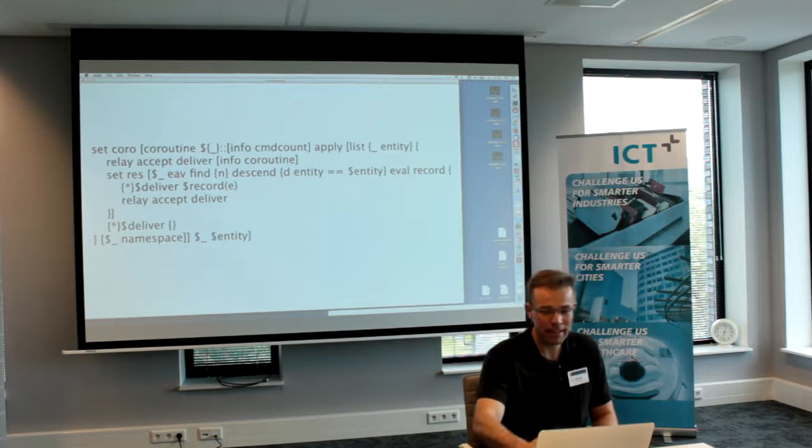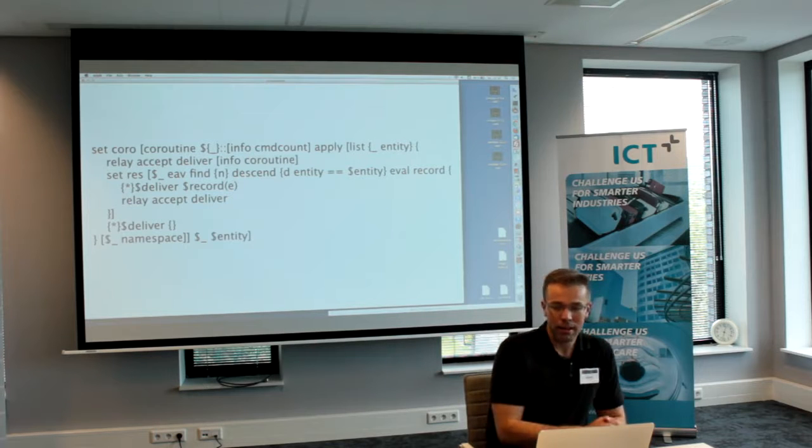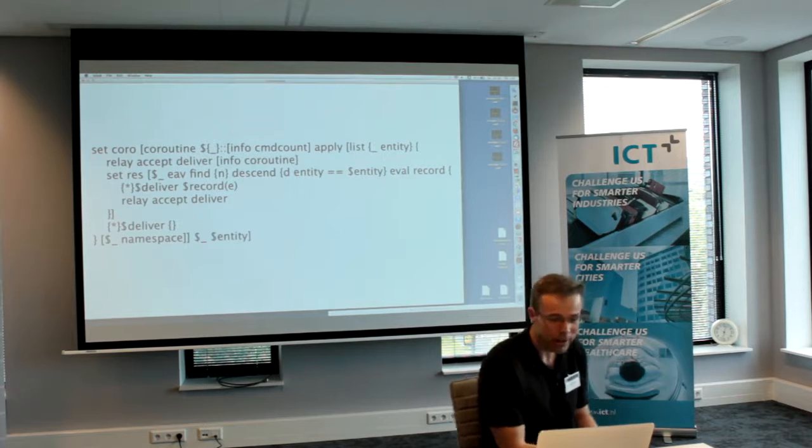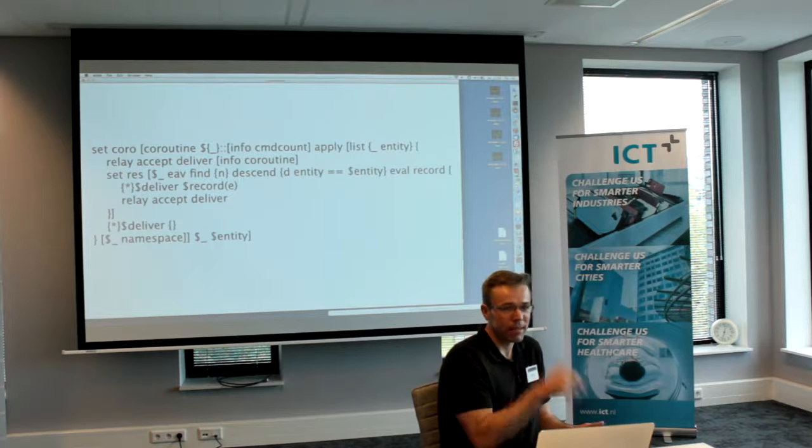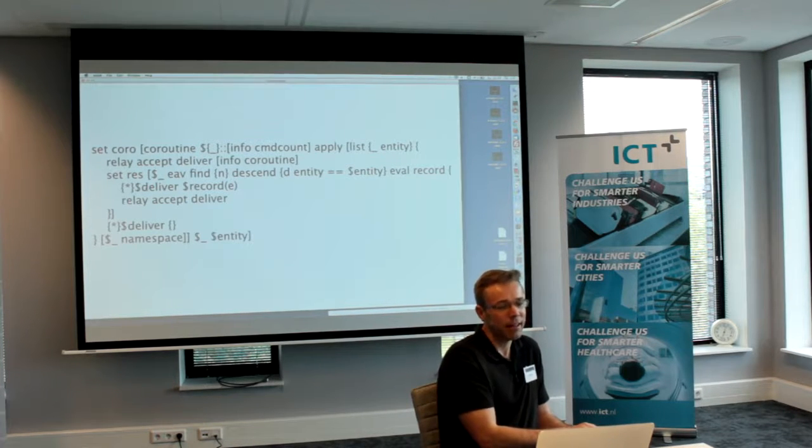And this script, I don't think I can highlight here, but after the word eval record, there's a script, and that's a script which is evaluated. It's a SQLite evaluation, the DB command, essentially. But we have a yield in there.